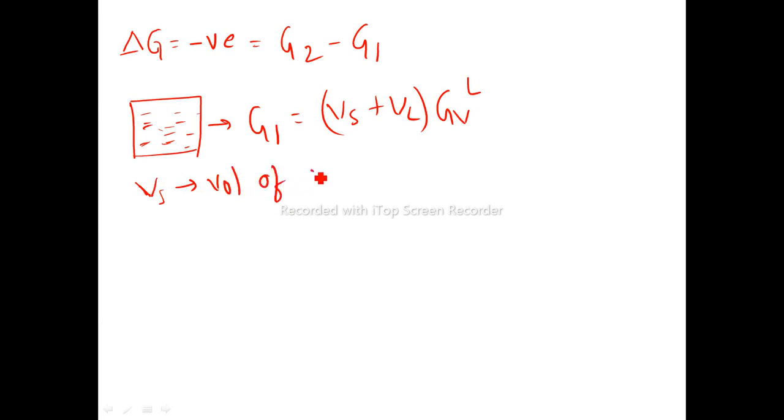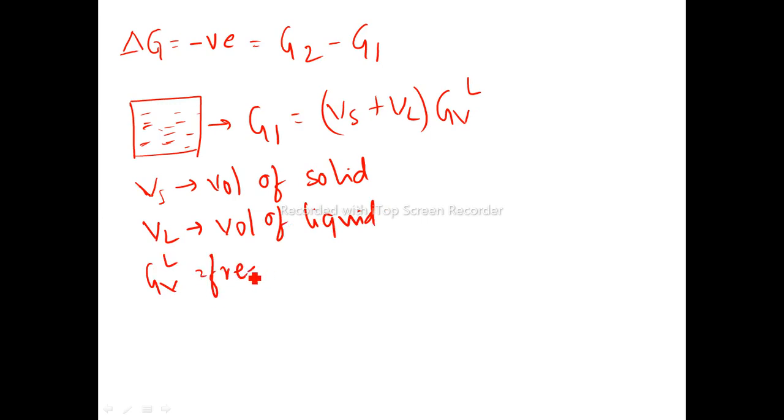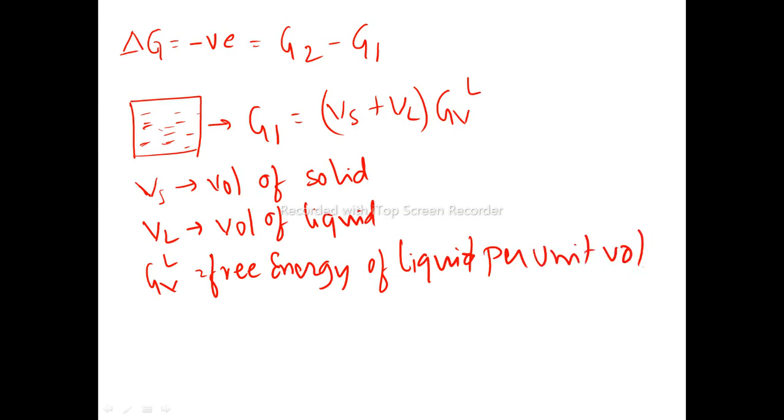Vs is the volume of solid, Vl is the volume of liquid, and delta Gv is the free energy of liquid per unit volume, right?